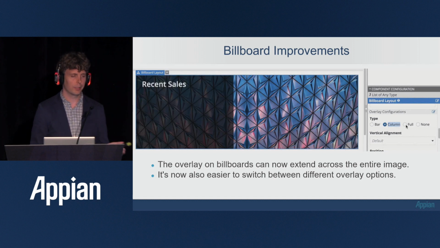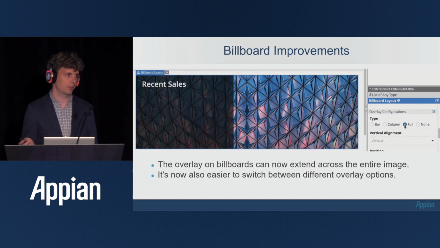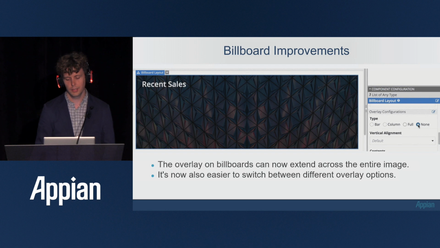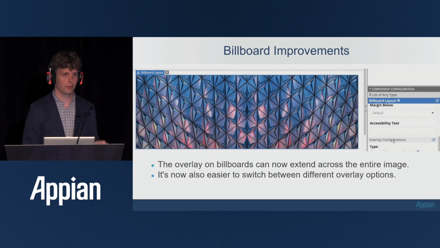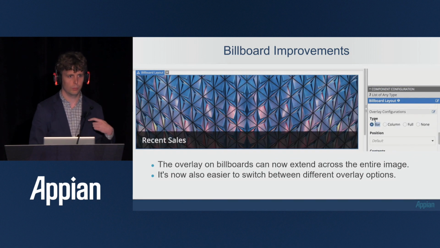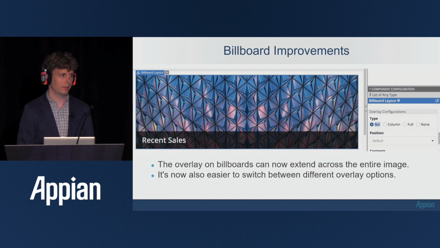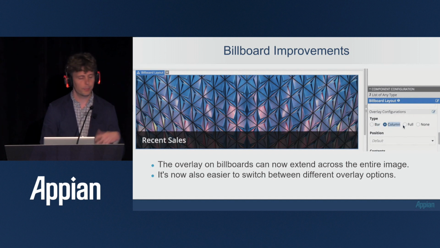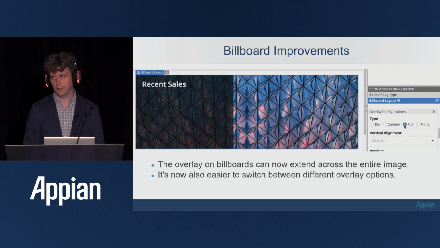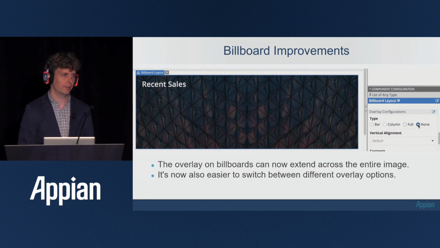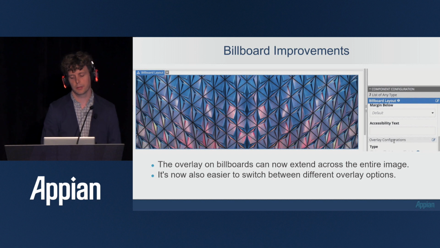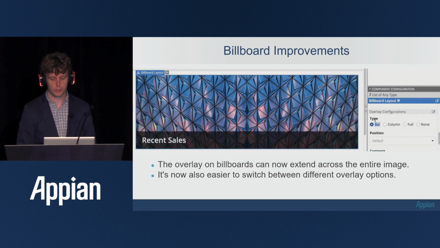But what I especially wanted to highlight here is that we're making it easier to switch between those options, which is a small thing, but it reinforces our goal of fast feedback from design to seeing the results. So in the dynamic live view that we have in the Interface Designer, you can experiment, see what you're getting, and figure out what's going to be best for your particular use case, your particular interface. And that's something we're always trying to cultivate.